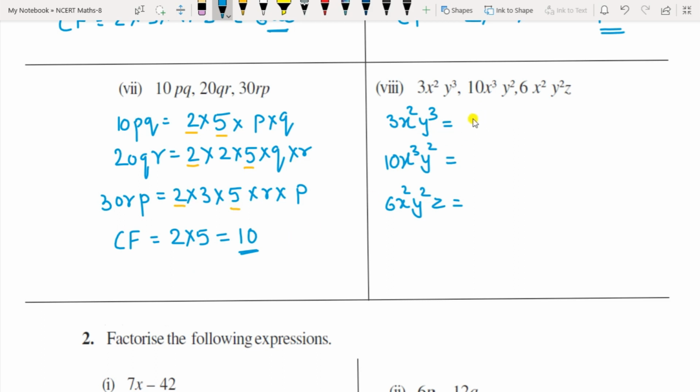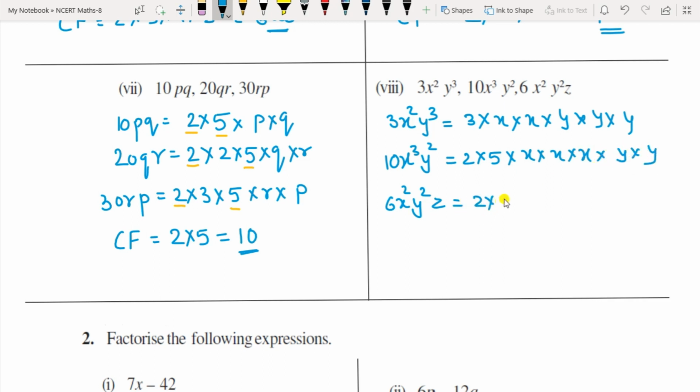Now in this one, let us see. It is 3 into x into x into y into y into y. 10 is 2 5s are 10 into x into x into x, and y is 2 times. 6 is 2 3s are 6 into x into x into y is 2 times, and z.